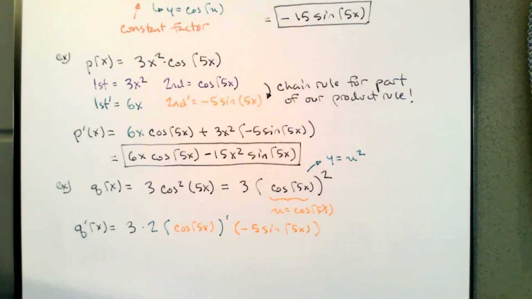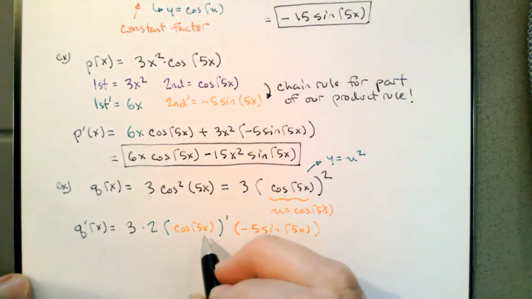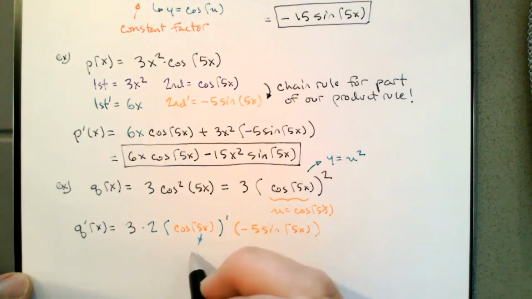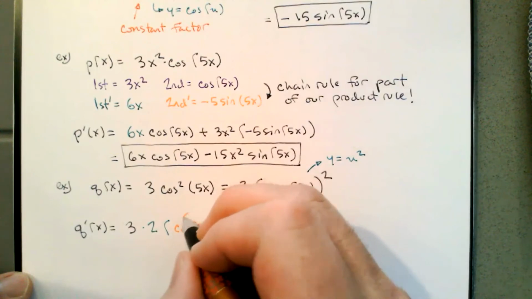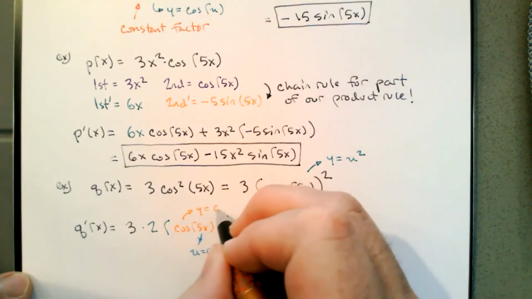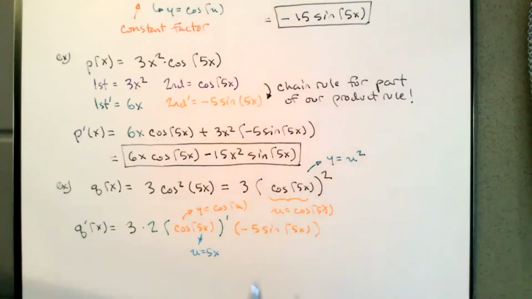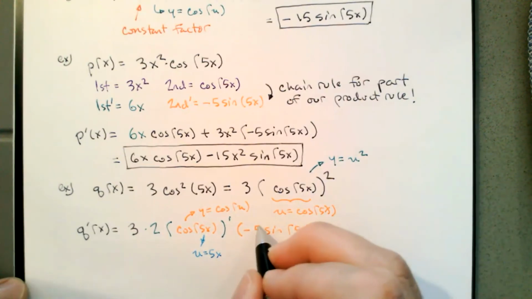What's going on in this piece is that the inside is like a 5x, a different u is 5x, and our second y is cosine of u. The derivative of cosine of u is negative sine of u, and the derivative of the 5x, of the u, is the 5. I should color code this 5.